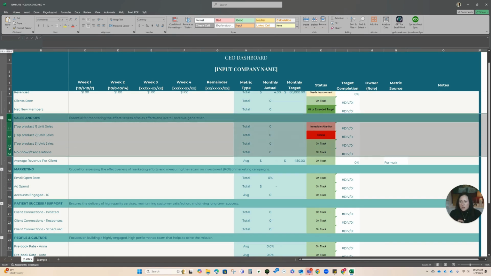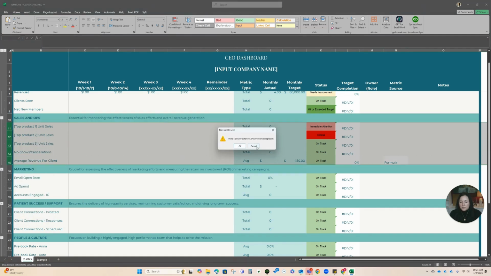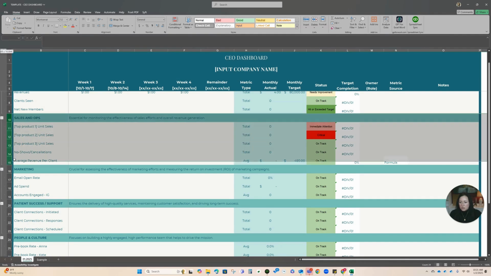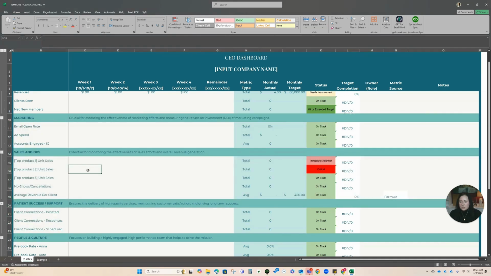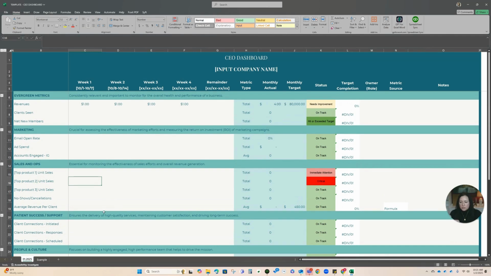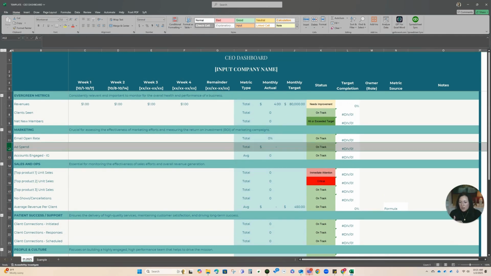Now, you could easily go in here and cut these and move them around. Actually, let me show you an example just in case you are learning to be more Excel savvy. So insert cut cell. So I just moved that around. Super simple. One of the things too is that maybe you have 4 KPIs for marketing that you want to measure.